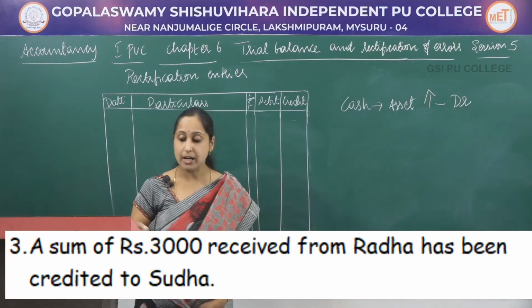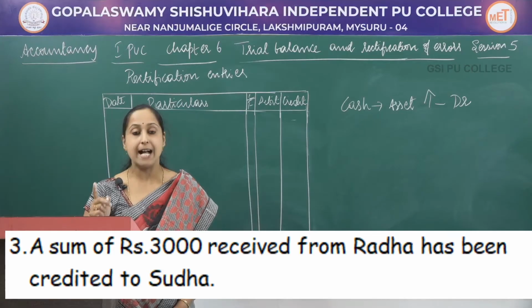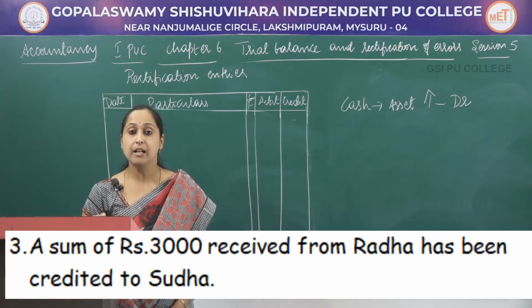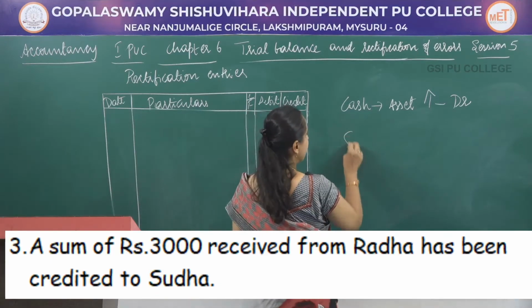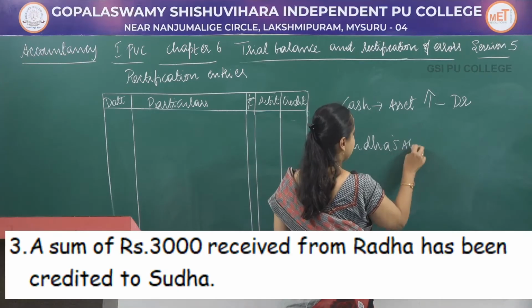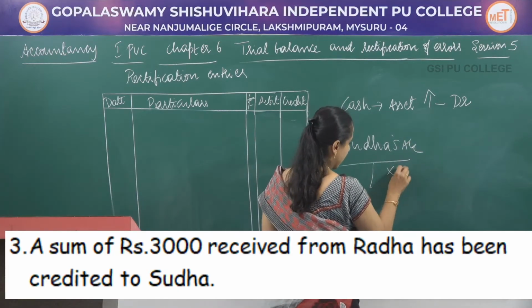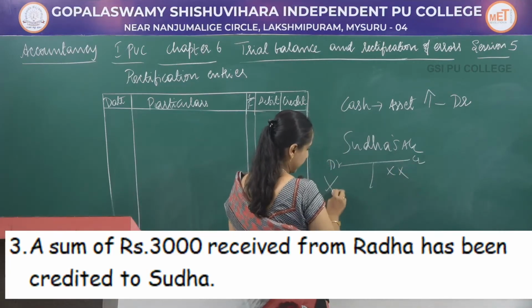So now here what has happened? A sum of rupees 3000 received from Radha has been credited to Sudha. You have received cash from Radha. Instead of crediting Radha's account, here they have credited in Sudha's account. This is debit, this is credit. So here they have credited, this is wrong.